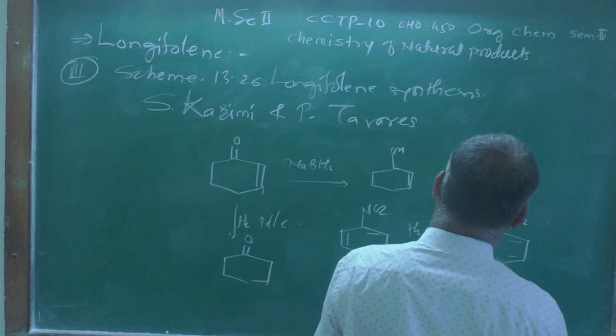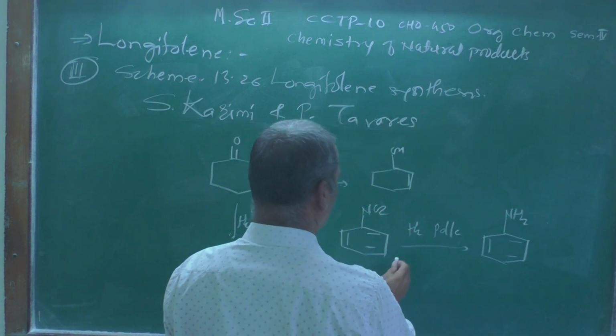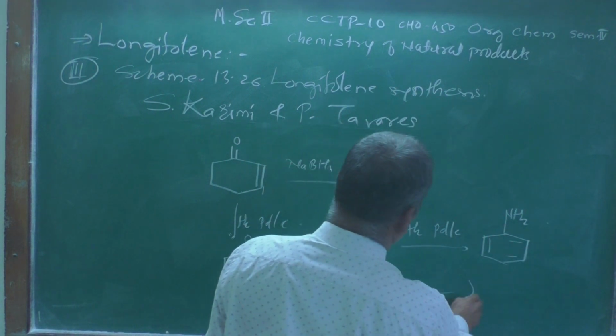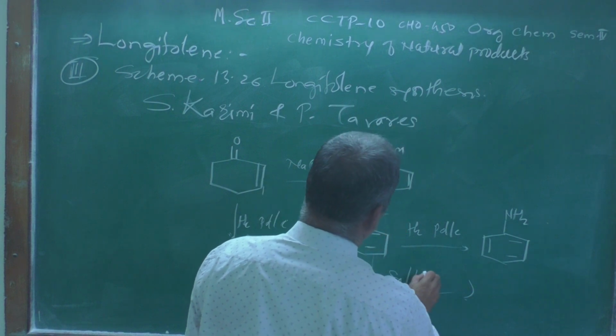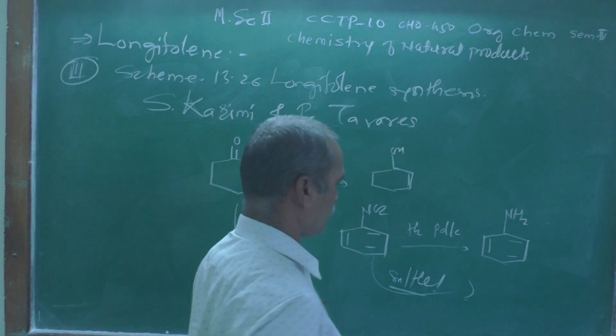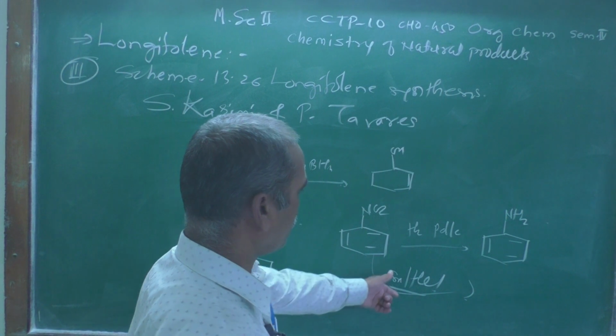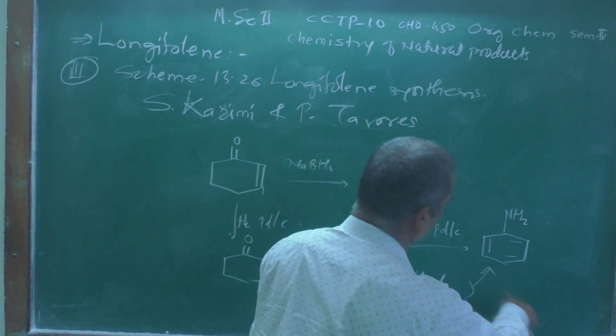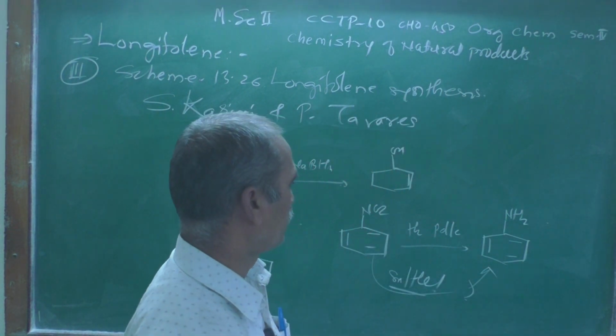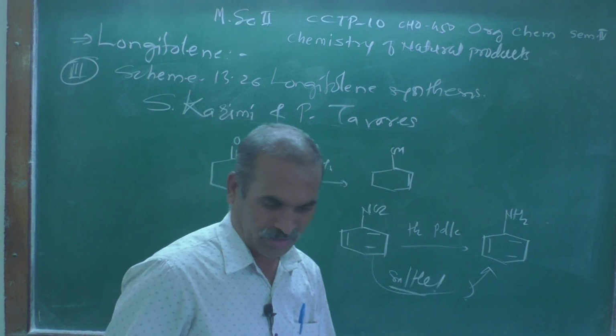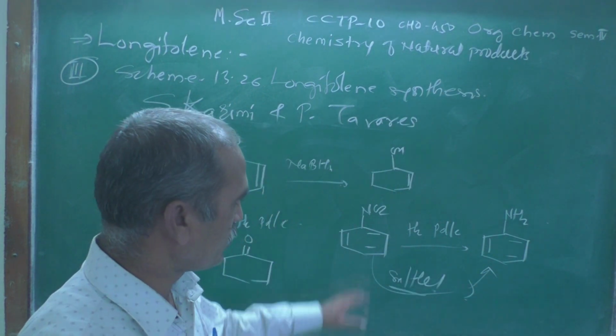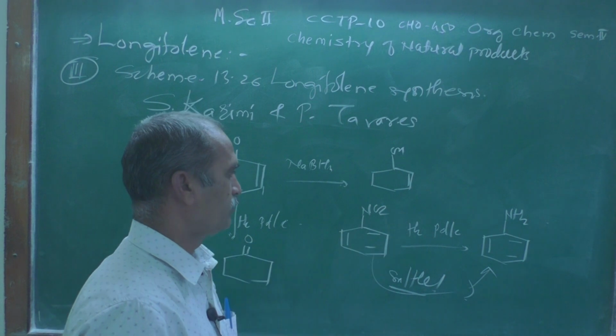You are going to get aniline, and if you use the reagent Sn in presence of HCl, that is a Sandmeyer reduction, you are still going to get this type of product. So these are the various reagents and their utility we have discussed.